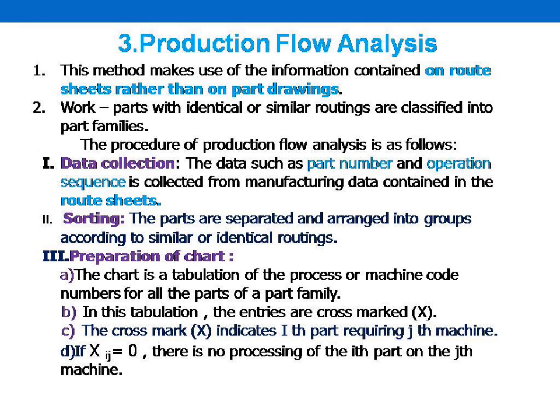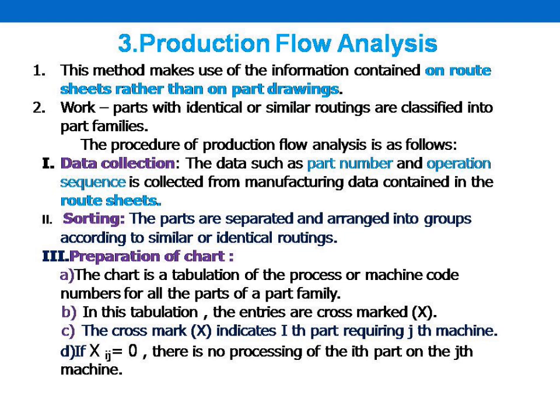Okay, so the procedure for production flow analysis is as follows. There are three steps. First, we do data collection. We collect data such as part number and operation sequence from manufacturing data containing the route sheet.